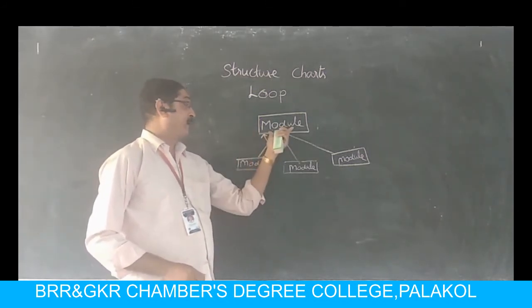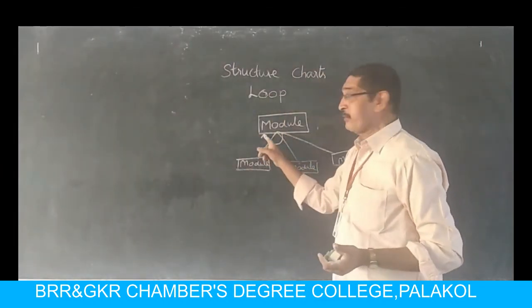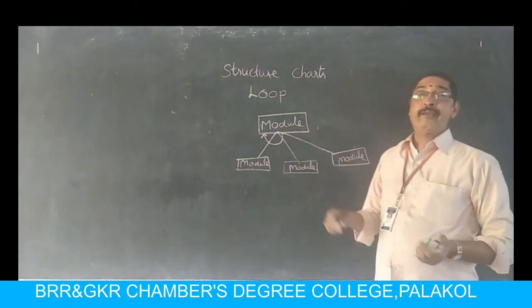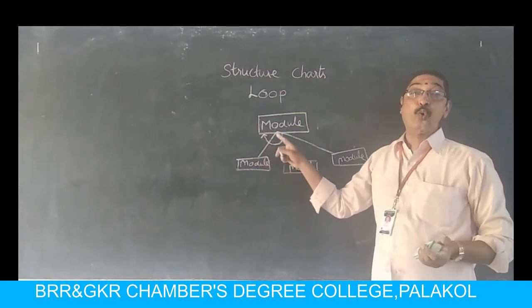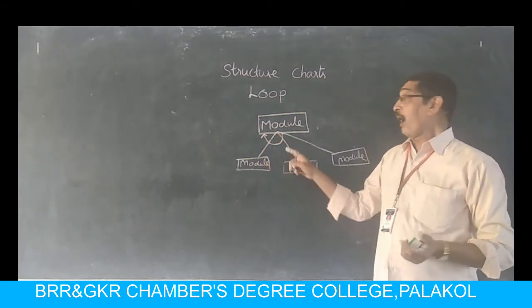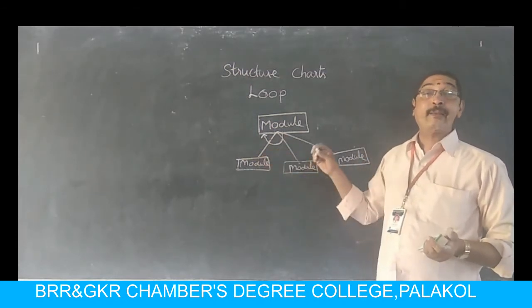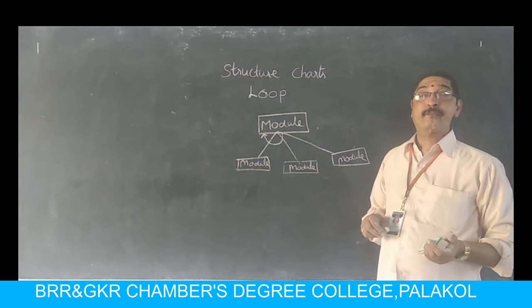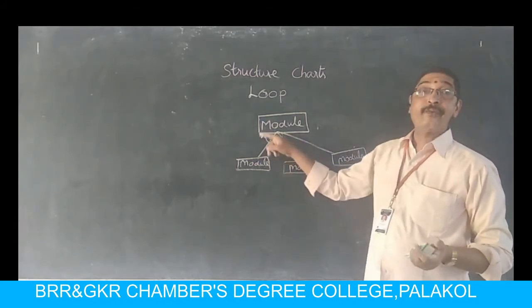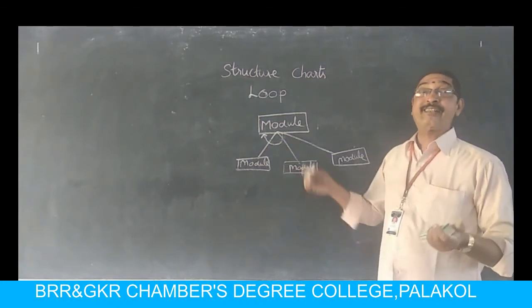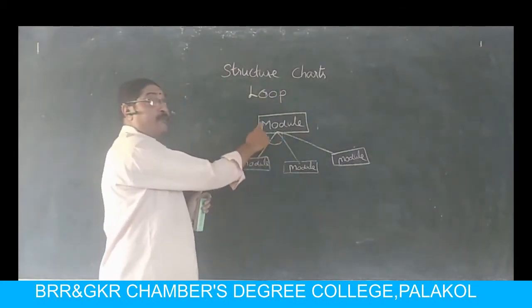Please study this. This is the main module and these are the submodules we have. And a curve covers two modules here. A curved arrow represents a loop in the module. All submodules covered by the loop will repeat execution of the module.